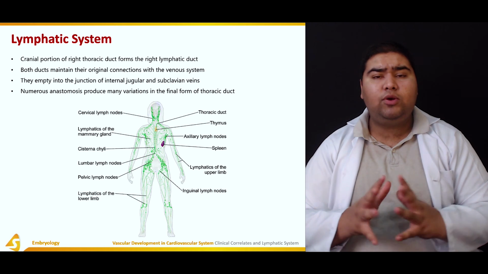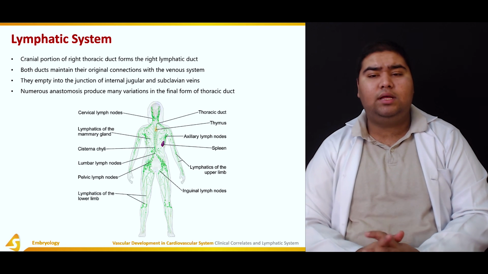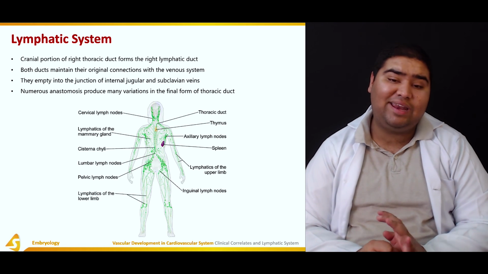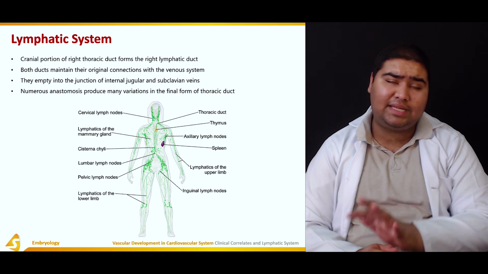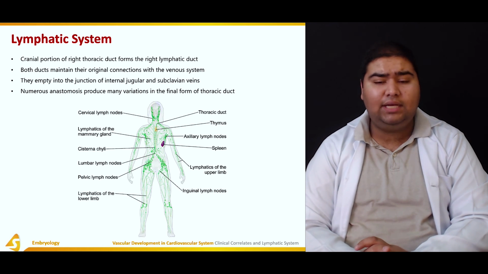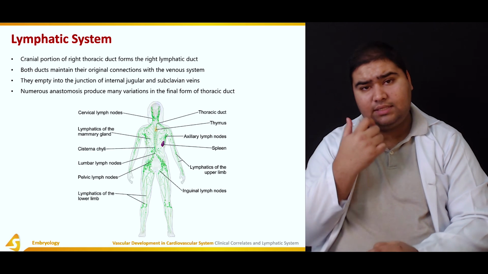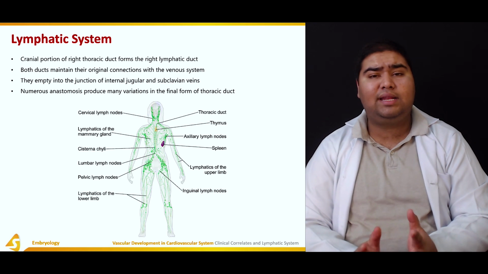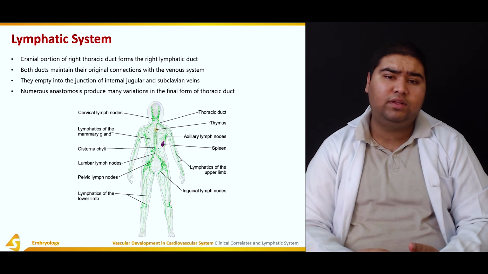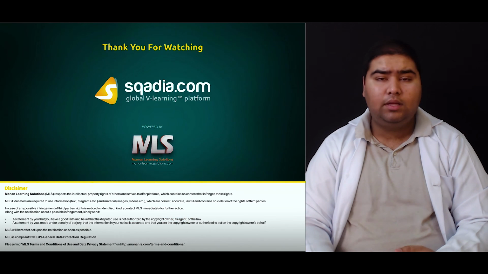There are numerous anastomoses between these thoracic ducts, and the final form may vary a lot. This is the reason I did not present a certain type of the lymphatic or thoracic duct. There are various anastomoses between them, and that can result in a lot of variants of the lymphatic system.